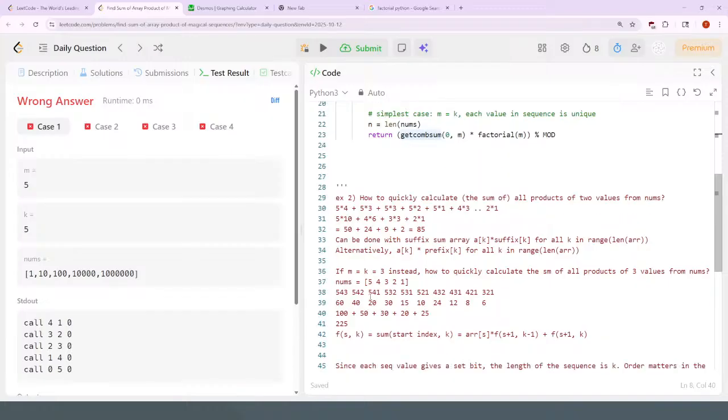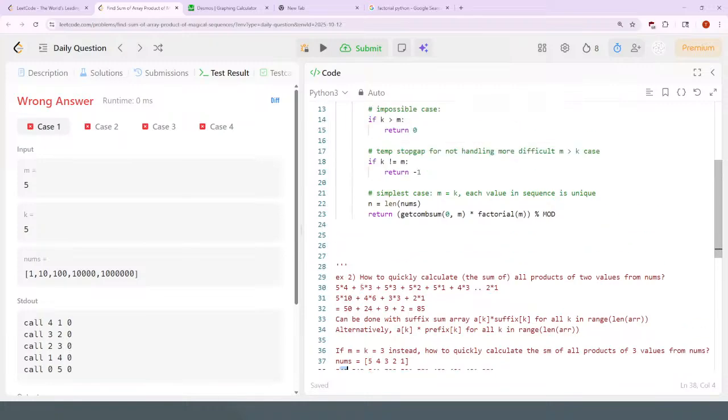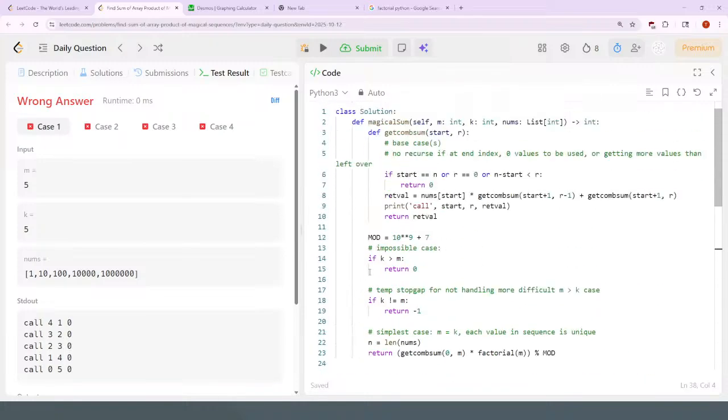So what is going on here? 5 times 4 plus 5 times the sum of 4 times 3 plus 4 times 2. But it can be 0. Why would it be always 0?